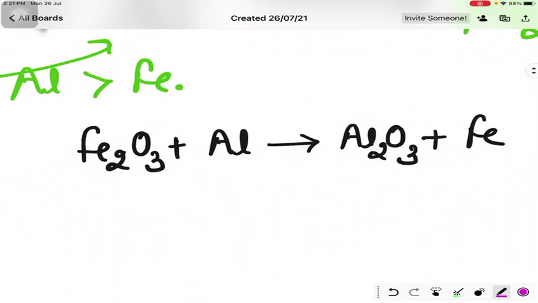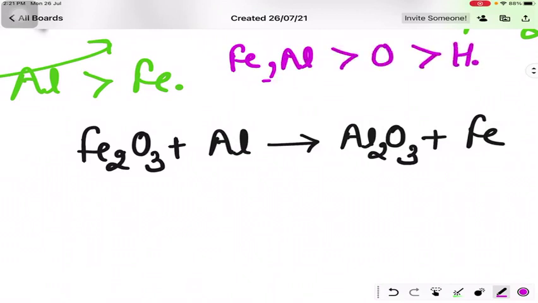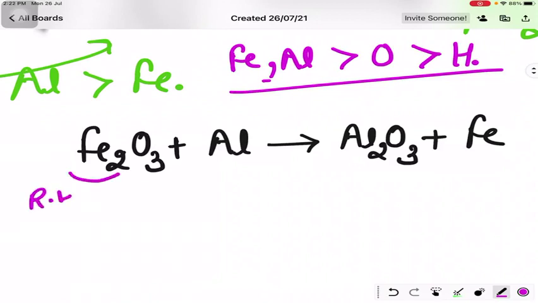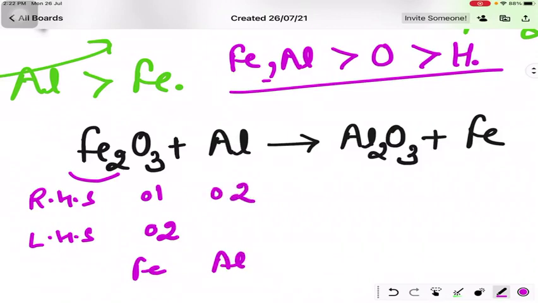First balance the atoms other than oxygen and hydrogen. So we have iron, aluminium. What will be your approach to solve this question? First you will balance iron, aluminium. After that you will balance oxygen, and then you will balance hydrogen atoms. Number of iron atoms on the left hand side is 2, on the right hand side 1, whereas aluminium atoms on the right hand side are 2, left hand side only 1.